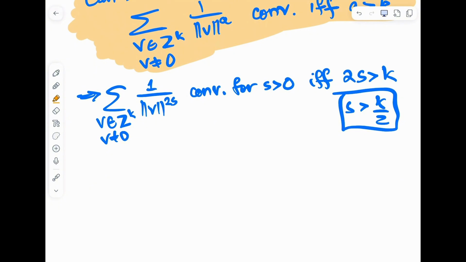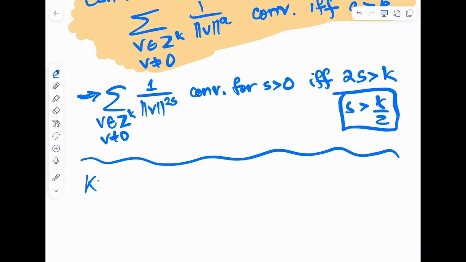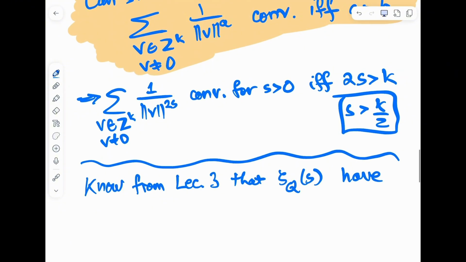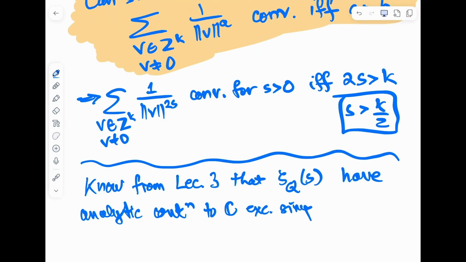Okay. So let's address a question that someone asked. What use can you make of these zeta functions of quadratic forms? So for instance, we know from lecture 3 that these zeta functions have analytic continuation to C, except for simple poles at two numbers, at 0 and k halves.